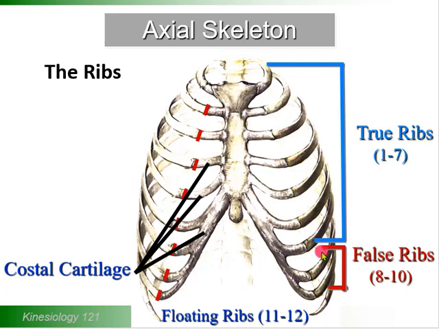From 1 to 7 are the true ribs, and from 8 to 10 are the false ribs, and 11 to 12, that is the last 2, are floating ribs. And here we see cartilaginous portion of the ribs.